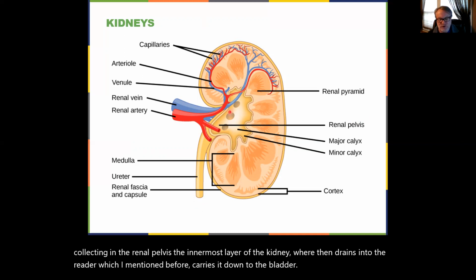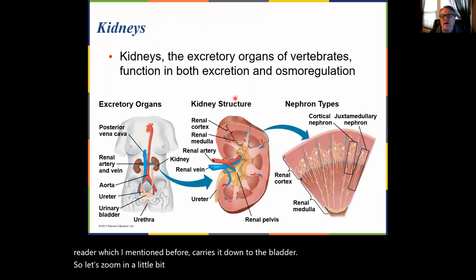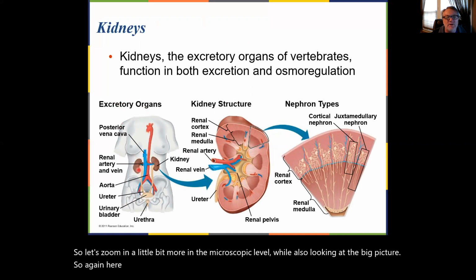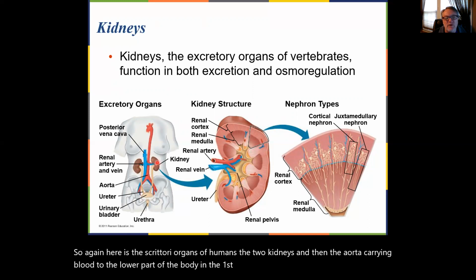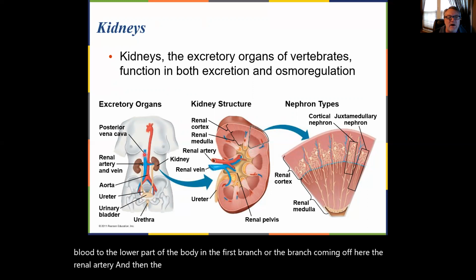So let's zoom in a little bit more in the microscopic level, while also looking at the big picture. So again, here are the excretory organs of humans, the two kidneys, and then the aorta carrying blood to the lower part of the body, and the branch coming off here, the renal artery, and then the posterior vena cava carrying blood back up to the heart is going to be carrying the newly filtered blood.